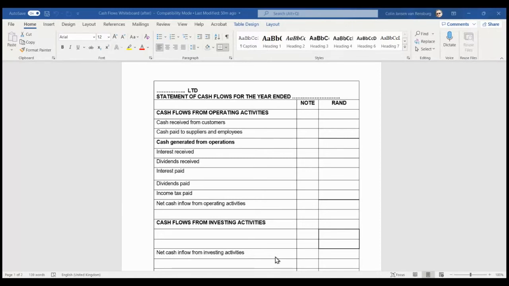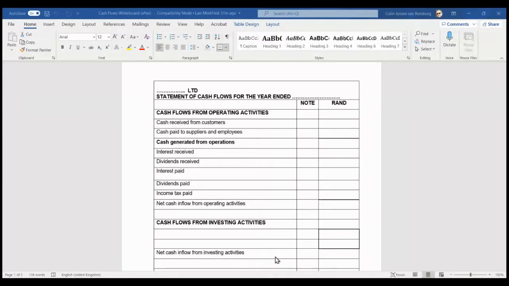You get the idea. You get the drill now, right? So your interest paid is going to be the cash flow. Your interest expense is the expense for interest, which we calculated by using the accrual system, right? Here, we are not interested in the interest expense. We are now going to disclose the actual cash or money that went out of our bank account because we incurred interest expense, right?